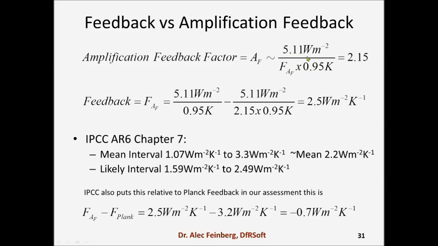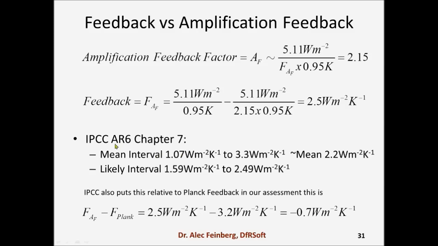You divide that by the 5 watts per meter squared for how much global warming occurred, and that's about a 1 degree rise. If we write the equation this way, we put the amplification factor underneath, and this is the reference value for the maximum number. So we subtract that off, and that gives us 2.5 watts per meter squared per degree K.